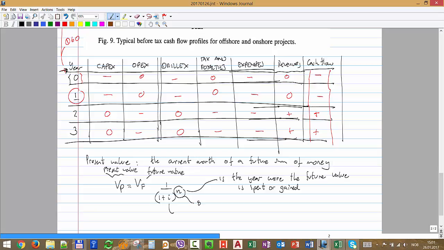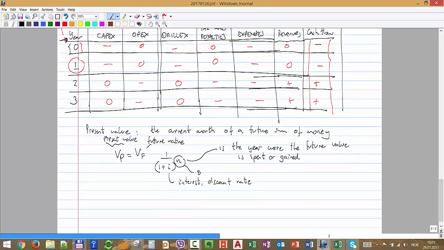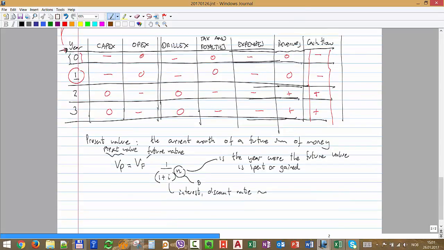So i is the interest or the discount rate, the rate at which the money is going to lose its value with time. You're going to see soon that we can use different values for that, but we usually assume one constant value when we execute these calculations.